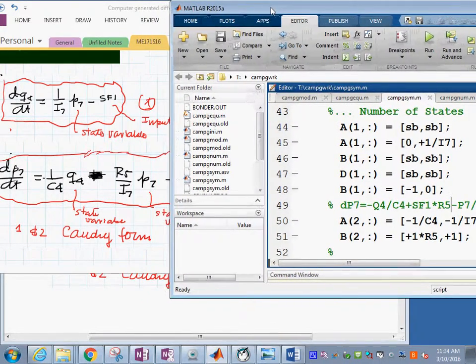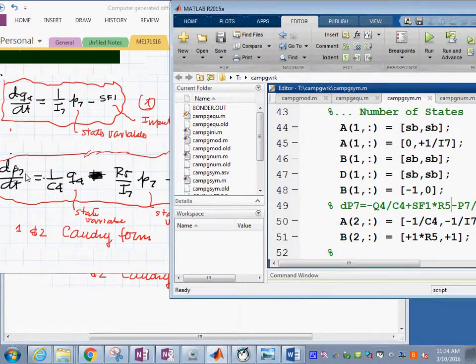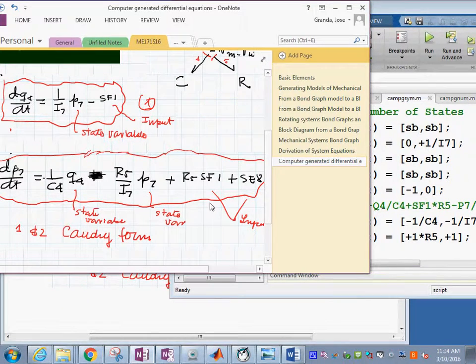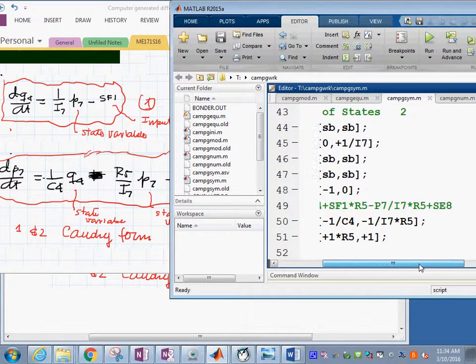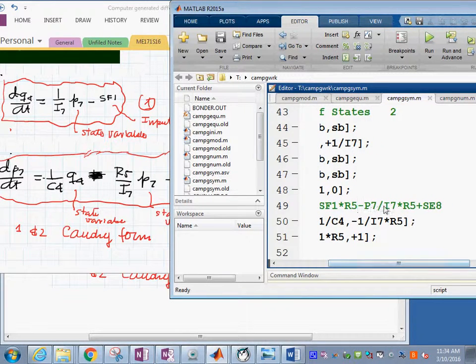Okay. Now you see, I am going to show you what CAMPG does beyond this. So these are the Cauchy form of the equations. There are two simple expressions in there.